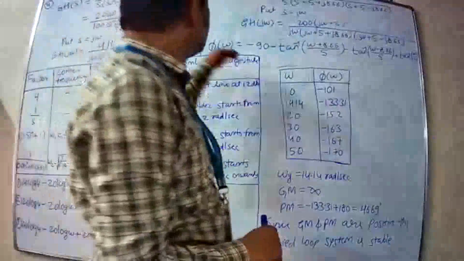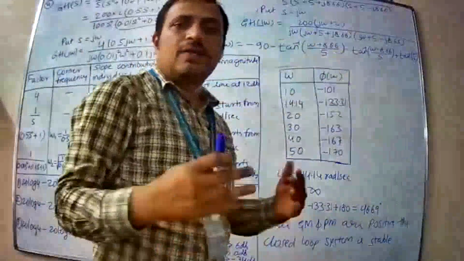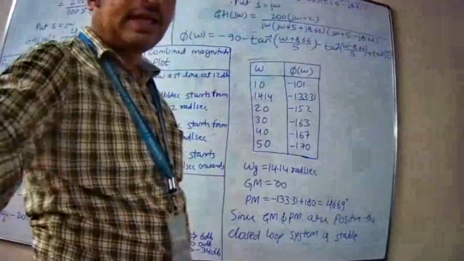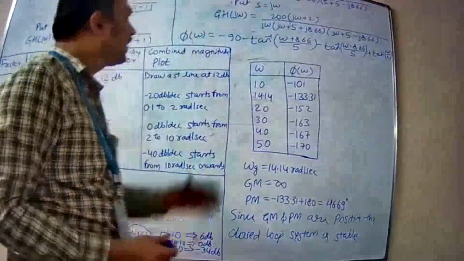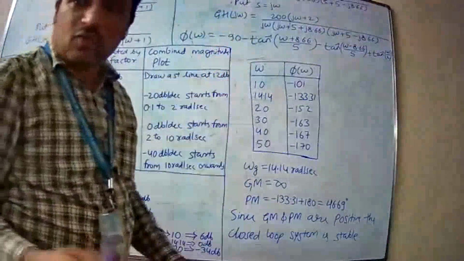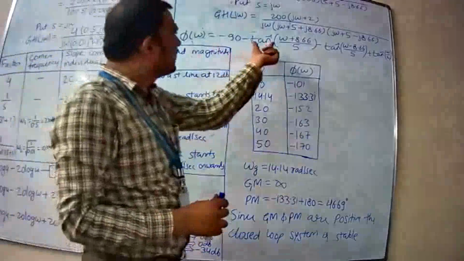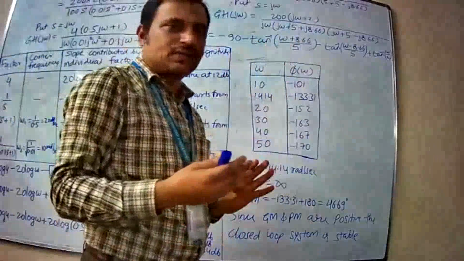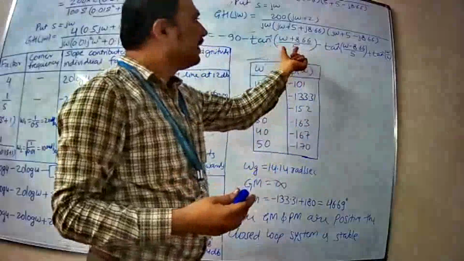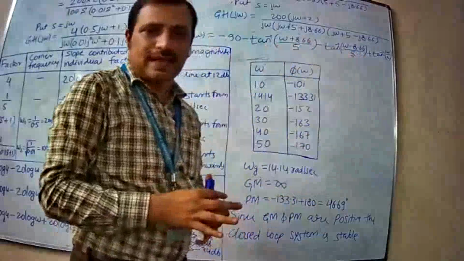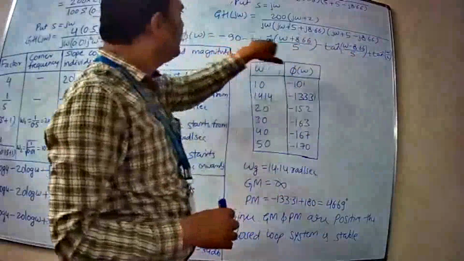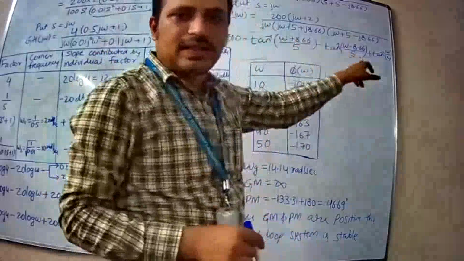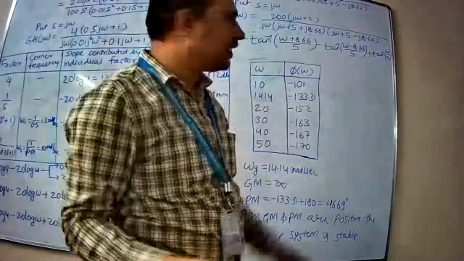And one more thing here. If you equate this equation to minus 180 degrees, you will not get any omega value. Consider each factor: each has the value of minus 90. If you add all three values, that will become minus 270.